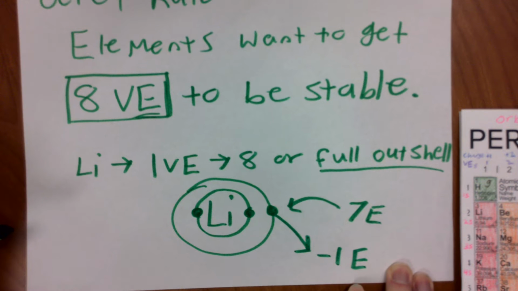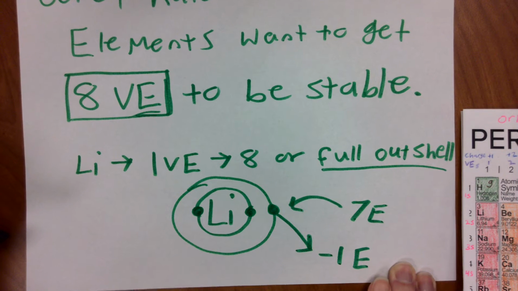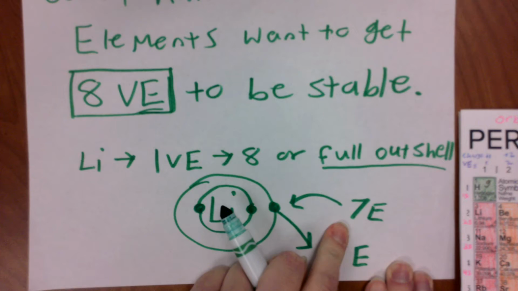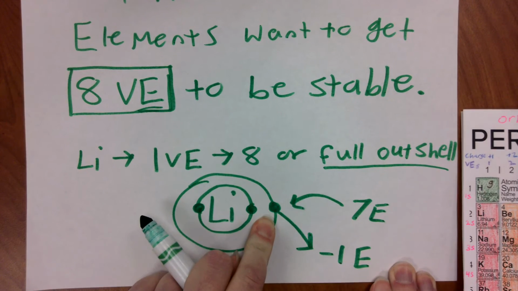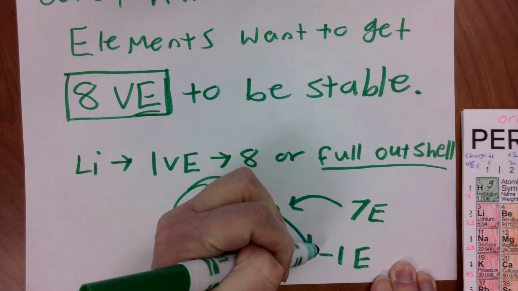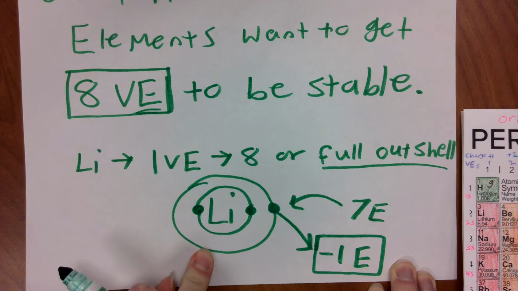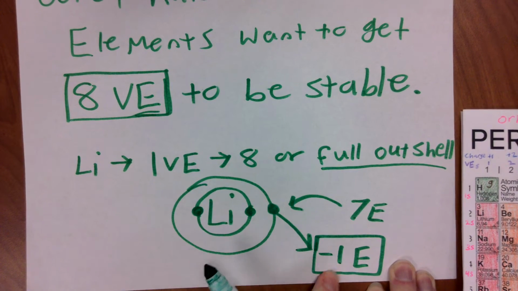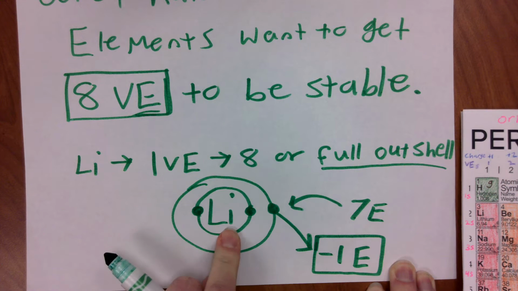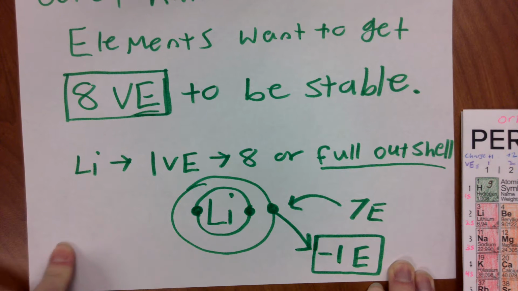And I would guess, just like any of you, if you had to find 7 things or get rid of the 1 thing you had, you would probably just get rid of the 1 thing you had. And so that's exactly what lithium does. It ditches this 1 electron so it can have its full outer shell on the outside.